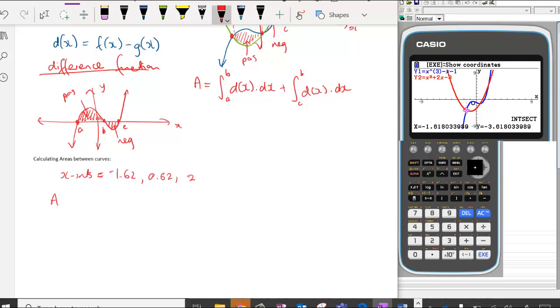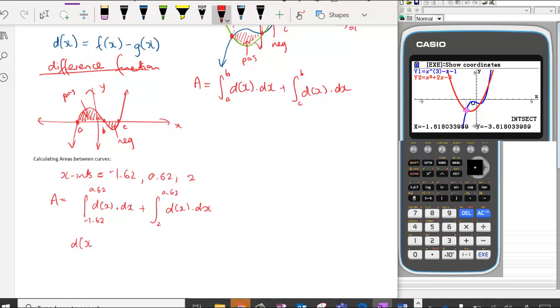If I was finding the area, it would be the integral between 0.62 and negative 1.62 of our difference function with respect to x, and then the integral between 0.62 and 2 of our difference function with respect to x.